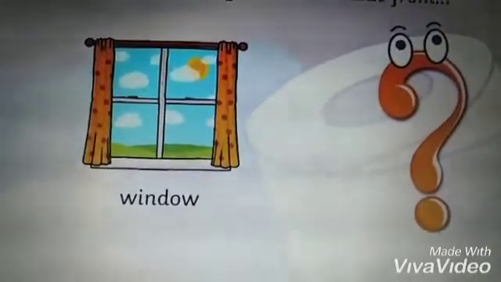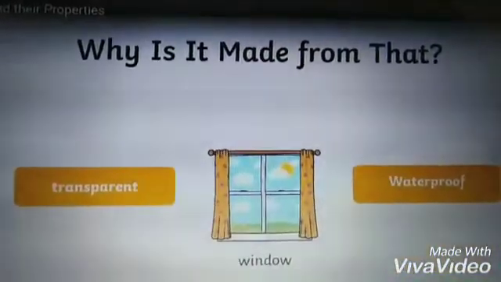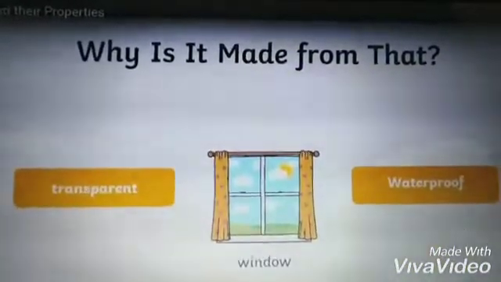Now watch with me examples of different objects and what they are made from and why. Our first object is the window. What is it made from and why? The window is made from glass. Glass is a transparent and waterproof material.